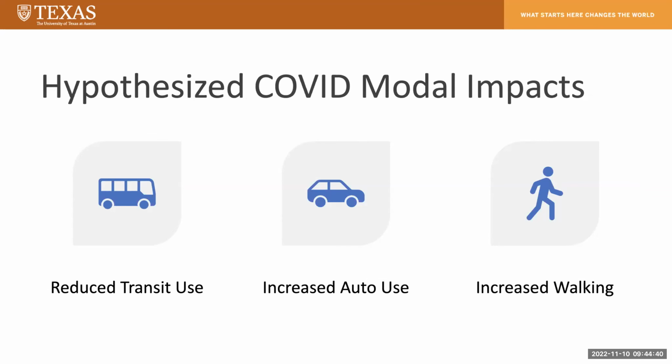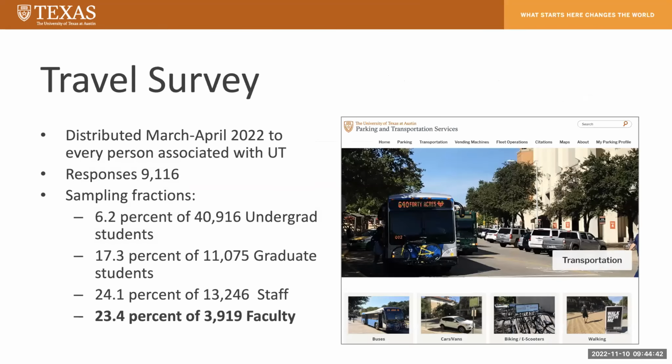We distributed a travel survey last spring, March, April. We sent the survey through a very restricted mailing list, which includes every person associated with UT: students, faculty, staff. We sent about 70,000 potential survey responses out and received about 9,000 responses.